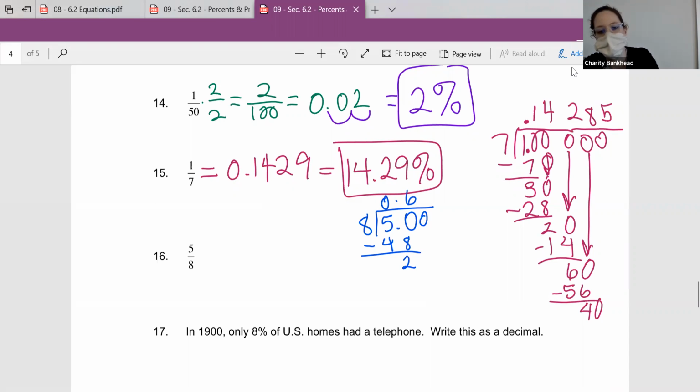It's 2. All right, and 8 goes into 20 2 times, so that's 16. And then 8 goes into 40 exactly 5 times. So 5/8 is equal to 0.625, which equals 62.5%.